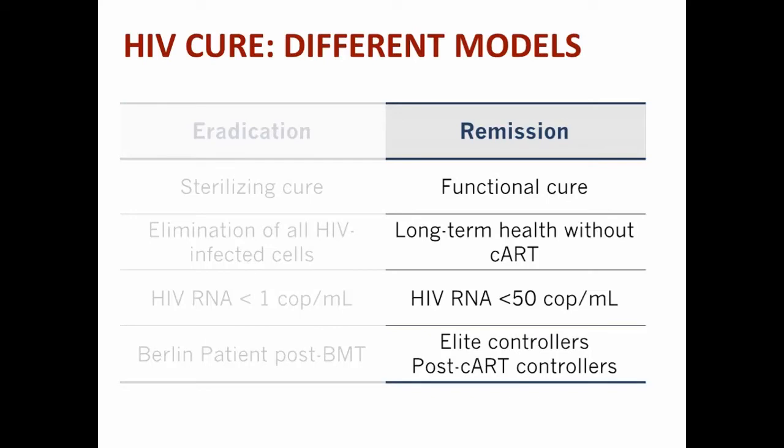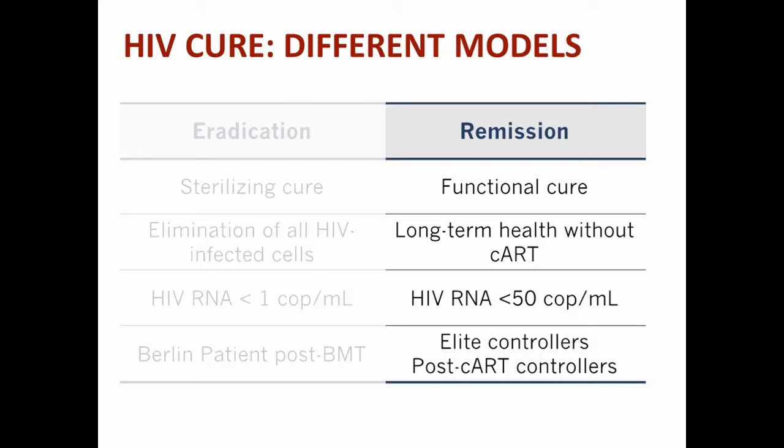Remission is different from eradication. Remission is not a sterilizing cure, it is a functional cure, and remission means that you can try to reach a long-term health status without any antiviral therapy, reaching the level of HIV RNA in plasma below 50 copies per ml.